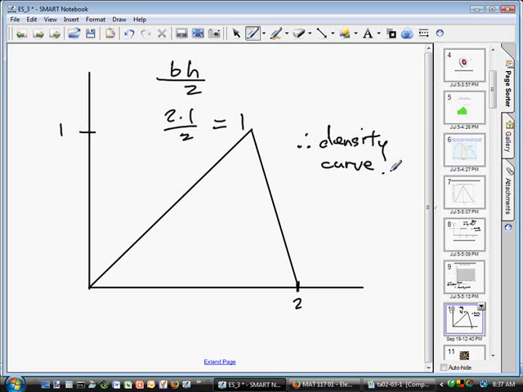So a density curve is any mathematical graph that has an area underneath it of 1. And that's because we're tied to probability, and to do probabilities, you have to have everything always add up to 100%.